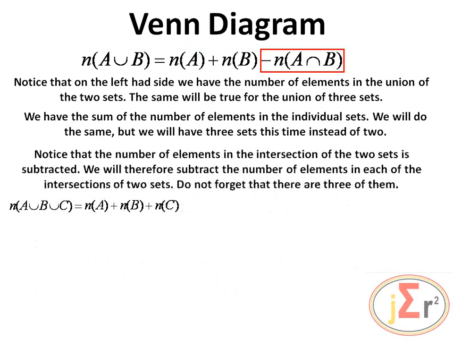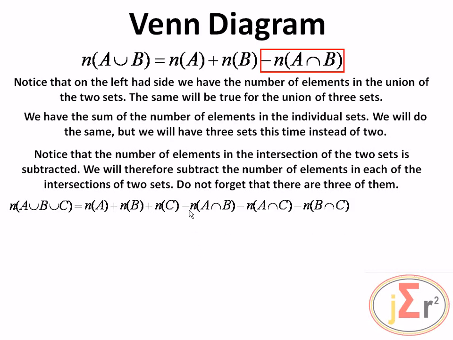What about the intersection? Notice that the number of elements in the intersection of the two sets is subtracted. We will therefore subtract the number of elements in each of the intersection of two sets. Do not forget that there are three of them. So when we have the sets taken two together, we are going to subtract all of the number of elements in those intersections.